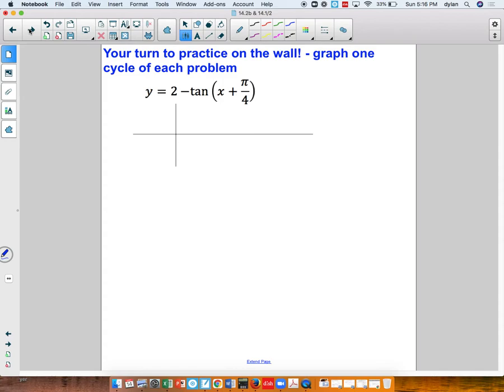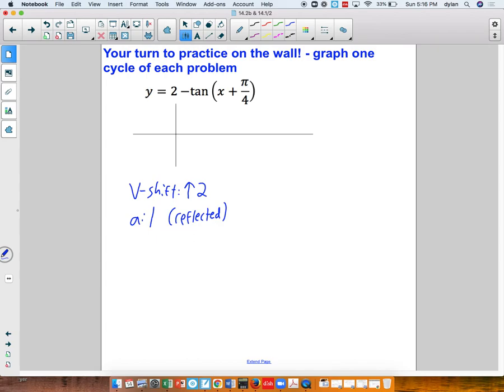All right, so if I started to look at this problem, the first thing I would notice is that we have a vertical shift up 2 because of our 2 value. Now, in this problem I put the 2 at the beginning rather than the end just so you would see it both ways. We have an amplitude of 1, but note that it's reflected.